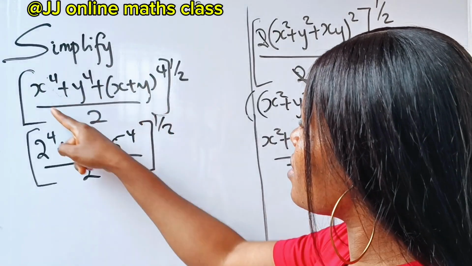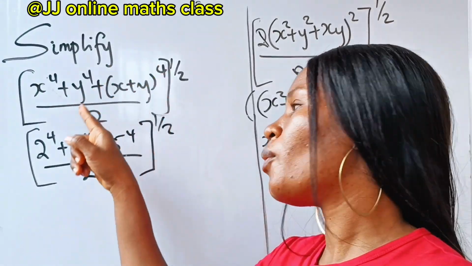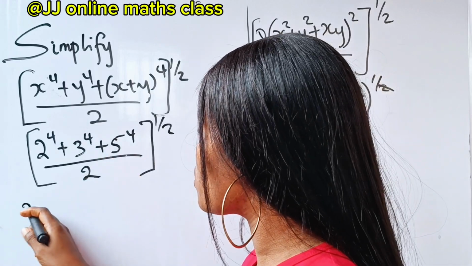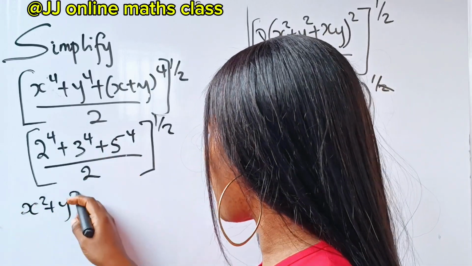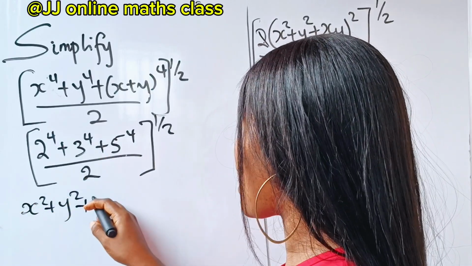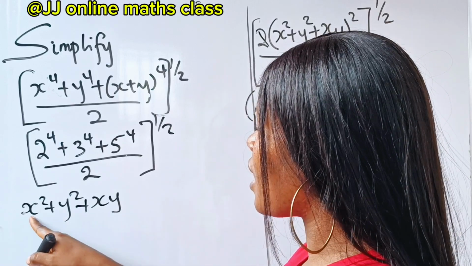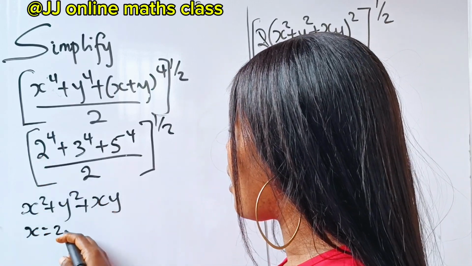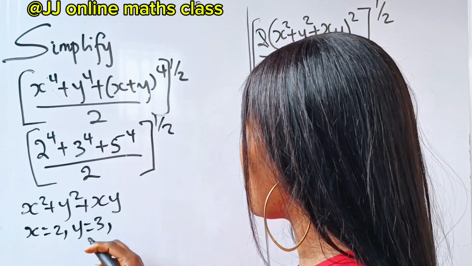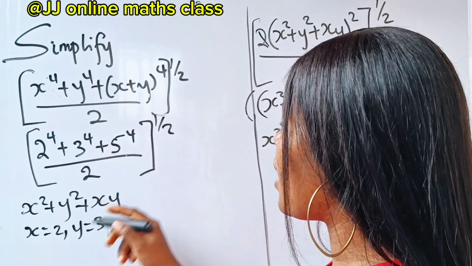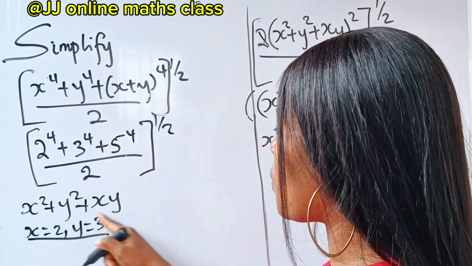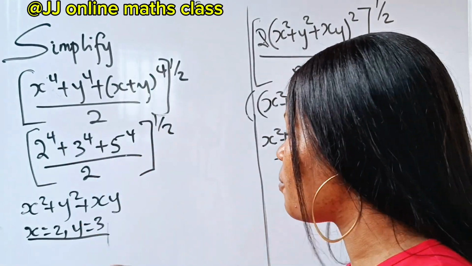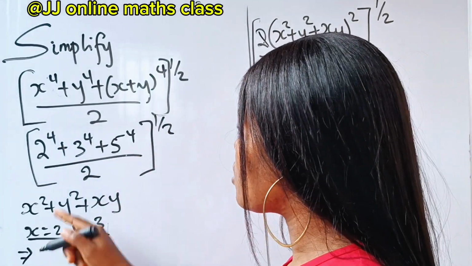Remember that after the simplification, we got the whole of this to be equal to x squared plus y squared plus xy. In this case, our x is 2 and our y is 3. Let's plug this into the equation to see if we get the same thing when we solve it directly.